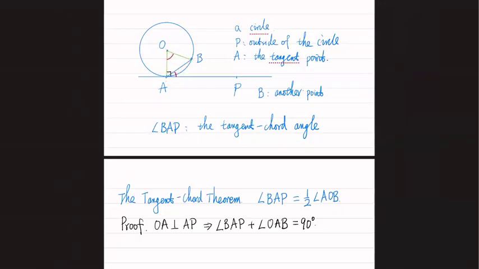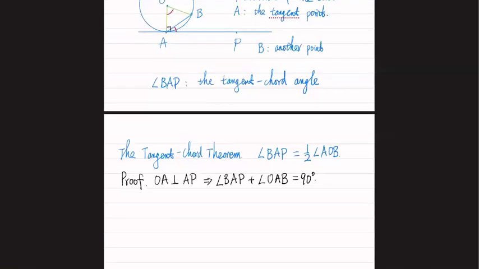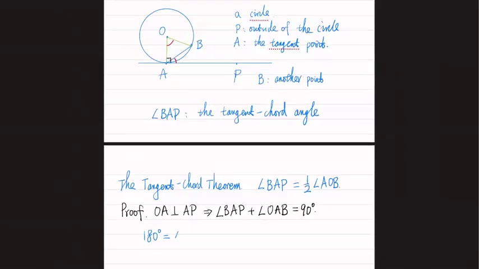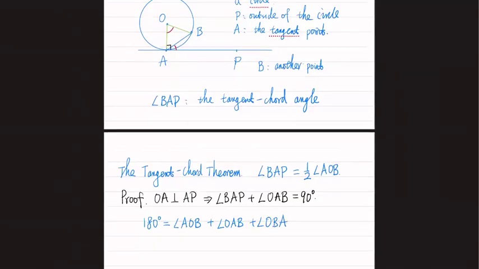Oh, 180. Okay. That's easy. So 180 equals the summation of the three angles: angle AOB, angle OAB, angle OBA. Okay, so this is the interior angle theorem.